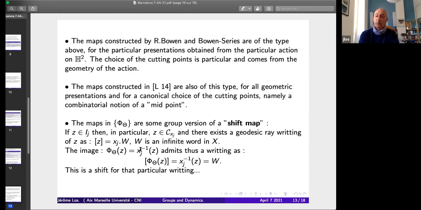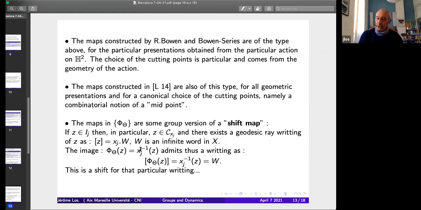And this choice comes from the geometry of the action. Also, the map that I constructed in my paper was also of that type, this time for all geometric presentations, and for a canonical choice of the cutting points, namely some kind of combinatorial notion of a midpoint of each of these intervals gi.